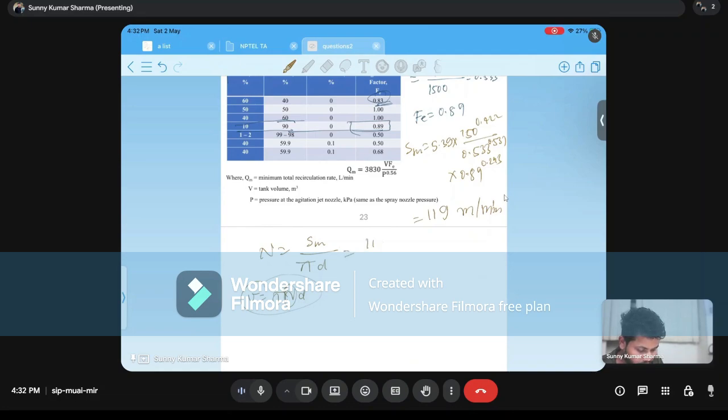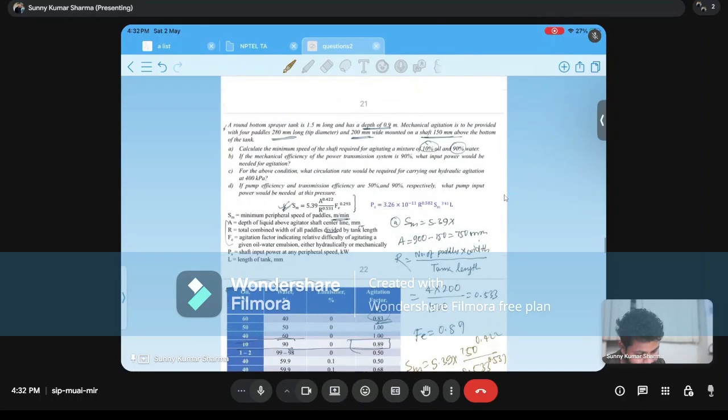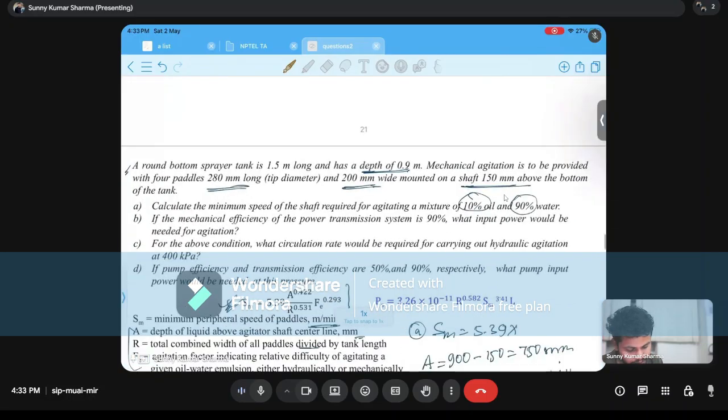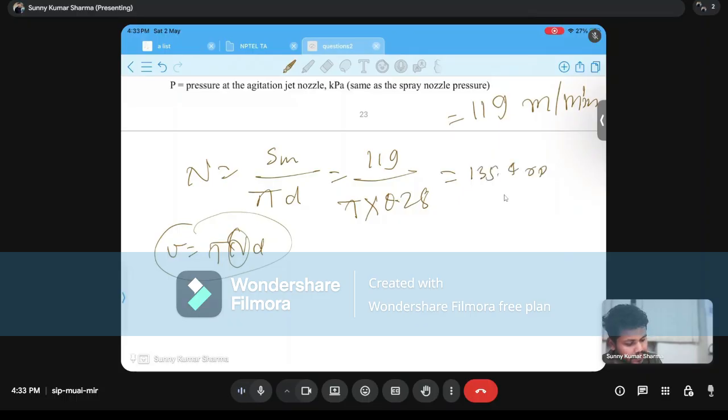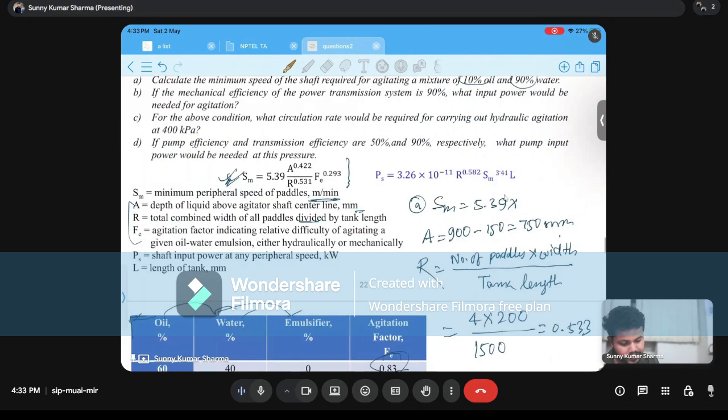So Sm is 119 by pi into what is the diameter? 0.28 meter. You can see that tip diameter given is 280 mm. And this is in meter per minute, so you can put it directly as 0.28 meter and you will get 135.4 rpm. So this is the minimum peripheral speed in rpm.